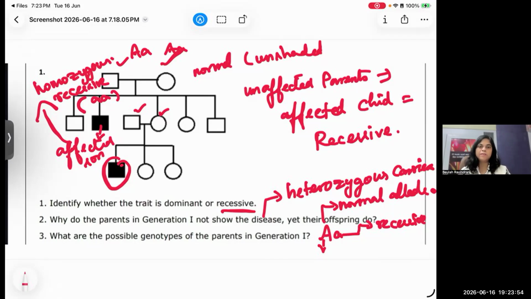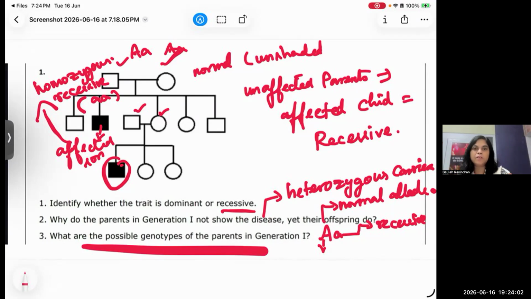So these are the answers for the questions. Let me give you a very quick recall of all these things. You have to keep this in your memory. You must remember all these sentences that I taught you. Just go through the video again and again. Very, very important. What happens if healthy parents lead to an affected child?